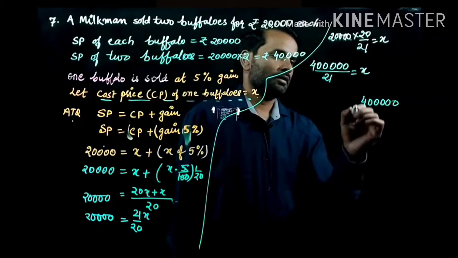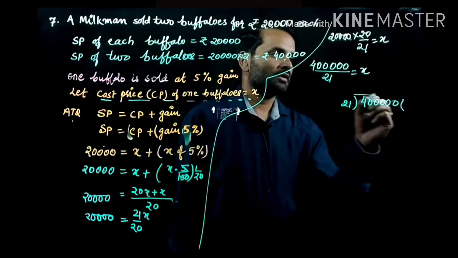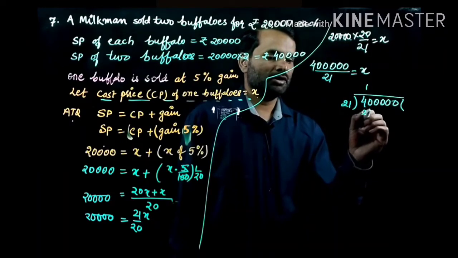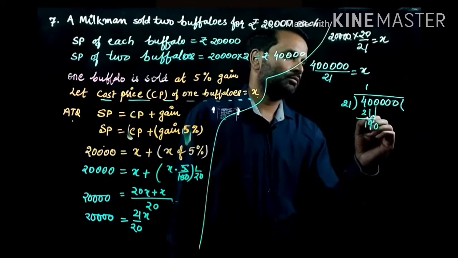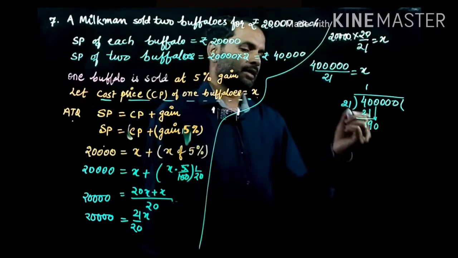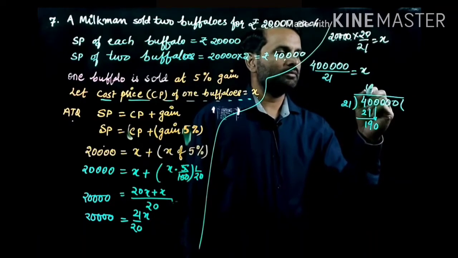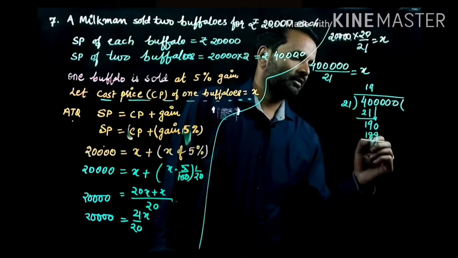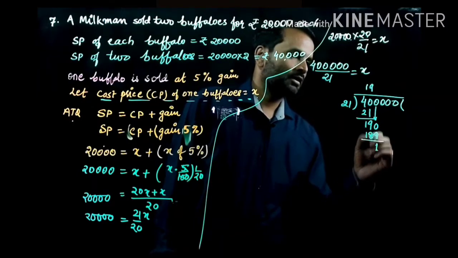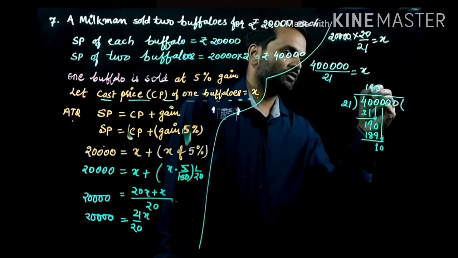4 lakh divided by 21. Only 1 times 21 is 21. After subtraction with 19 is 0. Then 9 times: 9 1 is 9, 9 2 is 18, after cancellation 1, here 0, they are not divided, so put the 0.